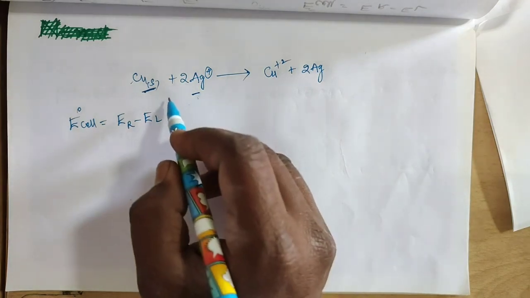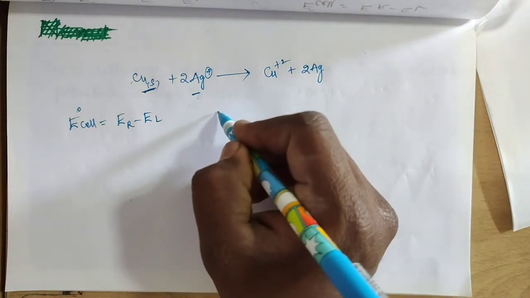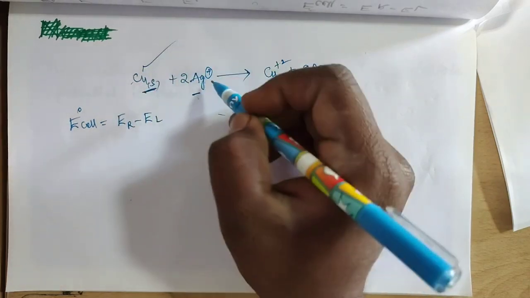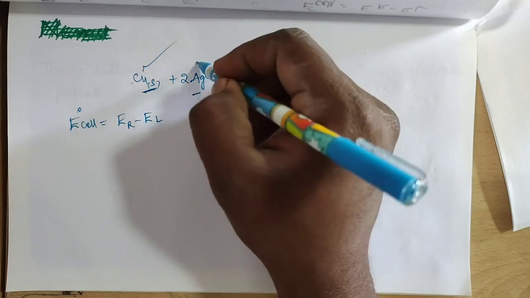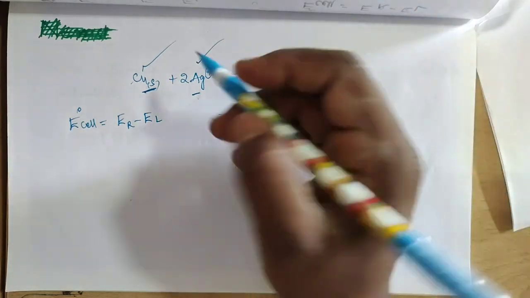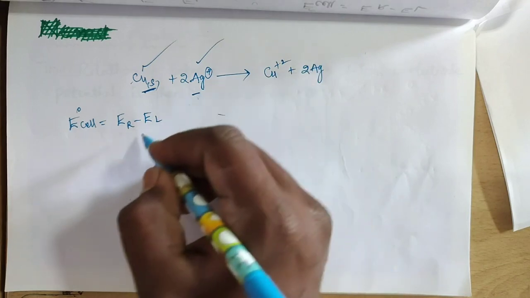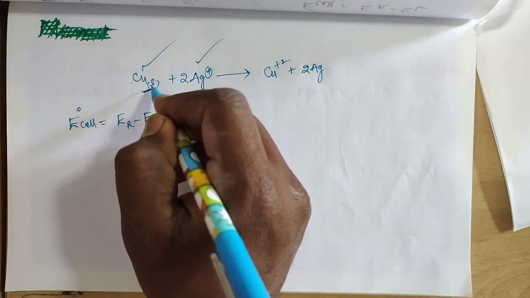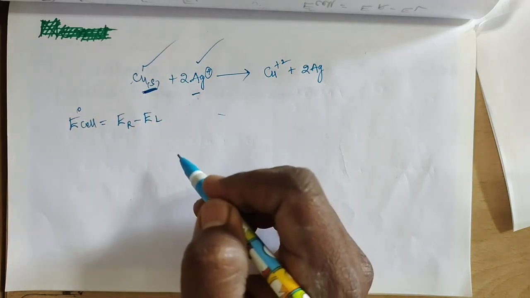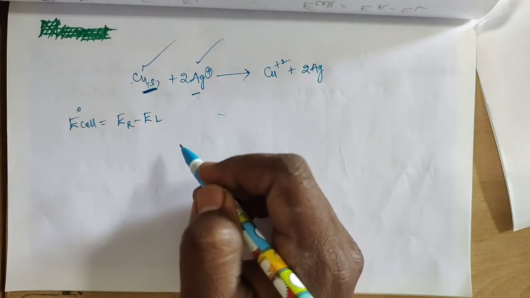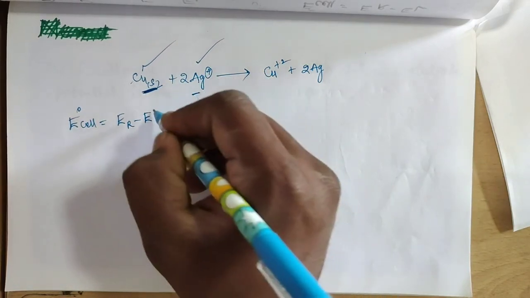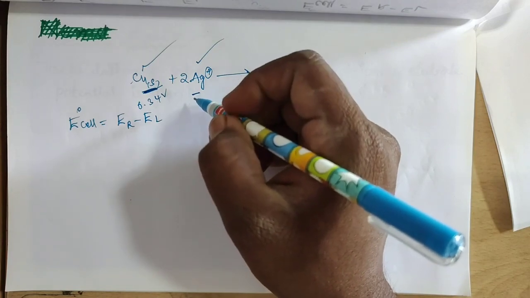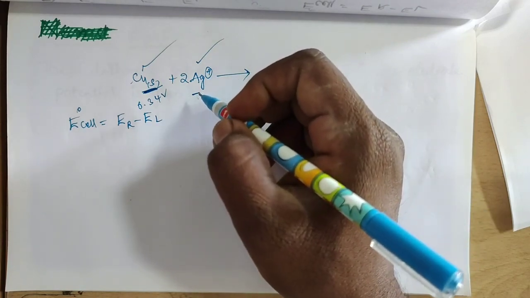We construct the standard hydrogen electrode with this half cell, and construct the standard hydrogen electrode with this other half cell. Okay, so we get every half cell potential. We already know copper is plus 0.34 volts, and silver is in the Ag plus condition, Ag plus.